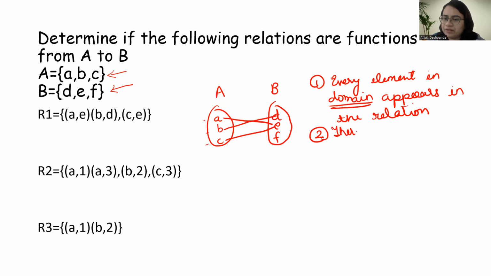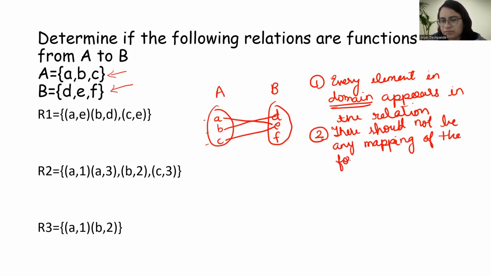there should not be any mapping of the form one to many. That means one element from the domain should not be related to many other elements in the codomain. So is this property satisfied?